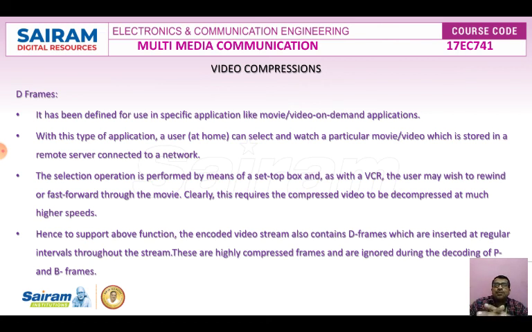So the selection operation is performed by means of a set-top box, or with a VCR, or it may be a fast forward through the movie. This requires the compressed video to be decompressed. So to support this function, the encoded video stream also contains D-frames, which are inserted at regular intervals throughout the stream. These are highly compressed frames, ignoring the other kinds of frames like P and B.